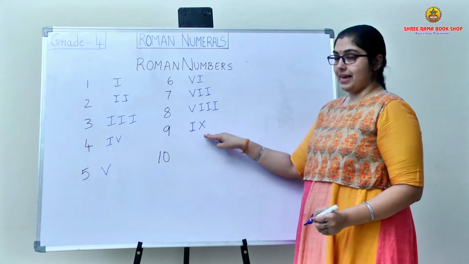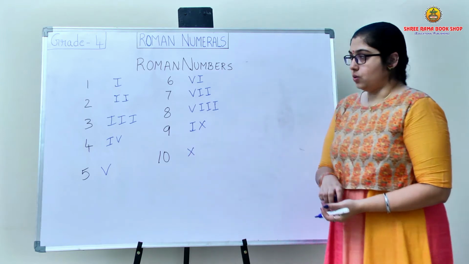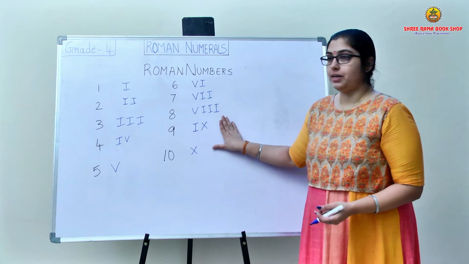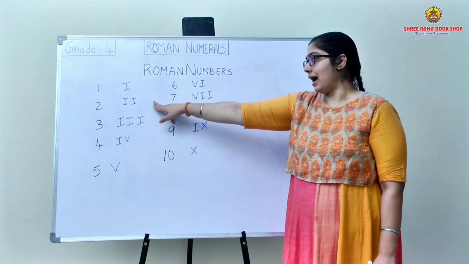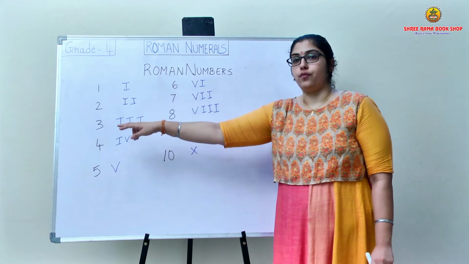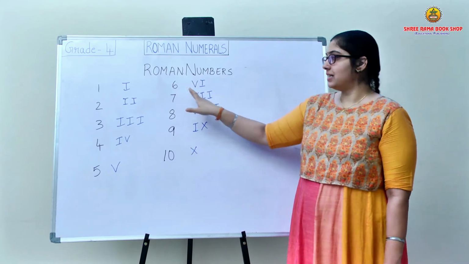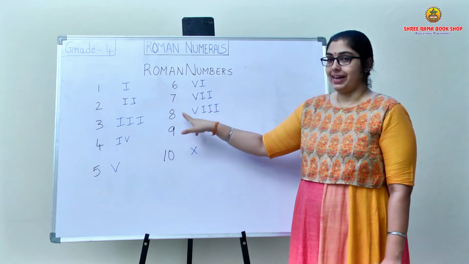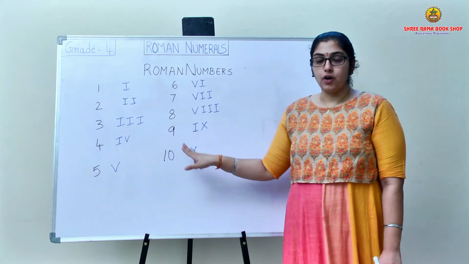Okay, so IX represents 9 and 10 is represented by X. So the Roman symbols put together to form the Roman numbers for the Indian numbers 1 to 10 are I for 1, II for 2, III for 3, IV for 4, V for 5, VI for 6, VII for 7, VIII for 8, IX for 9, and X for 10.